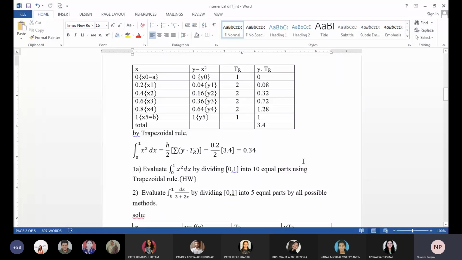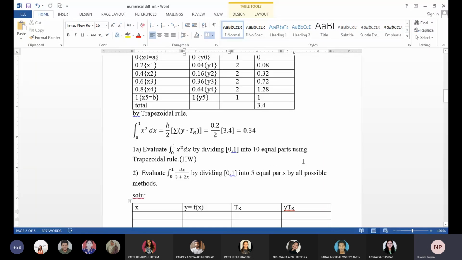So we were discussing that sum using the trapezoidal rule. Next sum, we have to evaluate the integral from 0 to 1 of dx upon 3 plus 2x by dividing 0 to 1 into 5 equal parts by all possible methods. Again, only the trapezoidal rule is applicable.